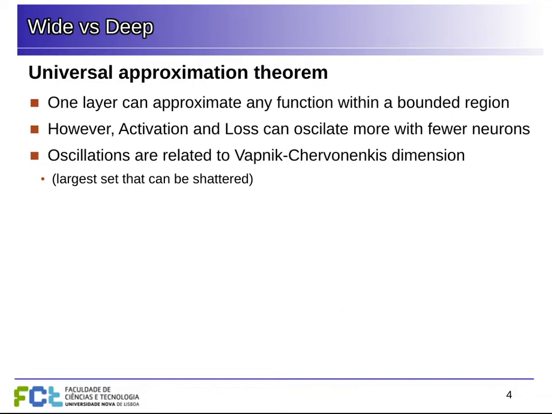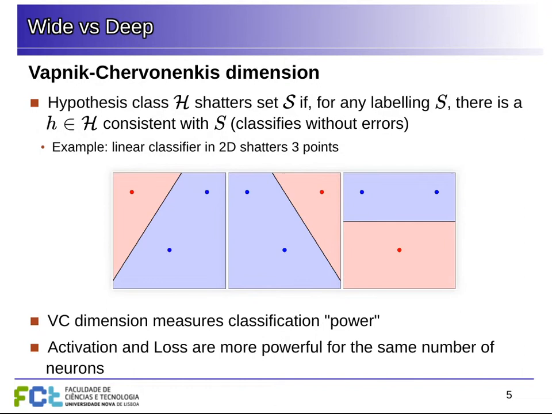But anyway, I'm going to review that. But the idea is that if we have stacks of neurons in layers, by chaining those nonlinear transformations, we can make more rapid oscillations of the values, and so cut in more different planes easily. So let's see this Vapnik-Chervonenkis dimension.